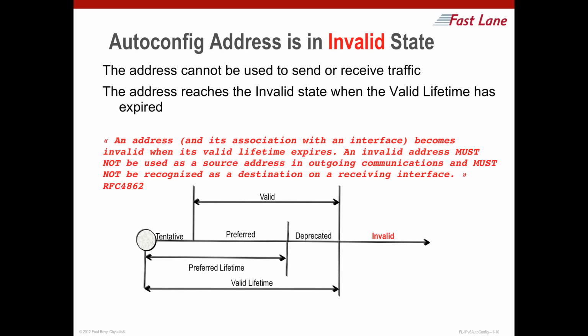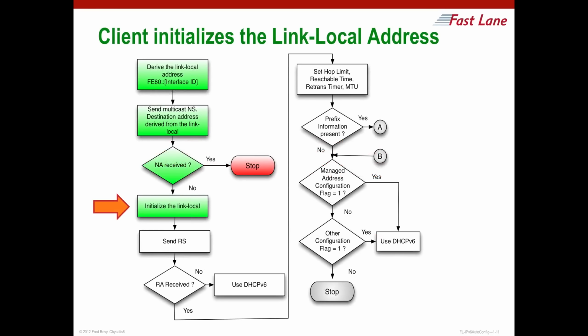When the address has not been refreshed for too long, then it will eventually reach the invalid state. When it is invalid, it means that this address cannot be used any longer on the interface, and basically it is as if the address is unconfigured from the interface, because it is not possible to use the address any longer. So that's the first step of initialization.